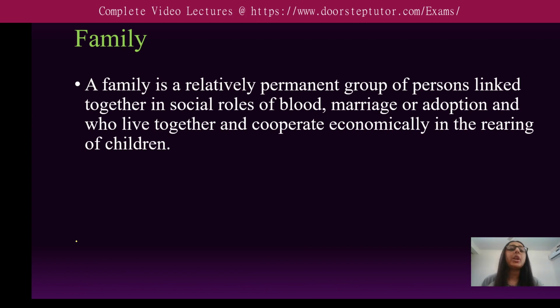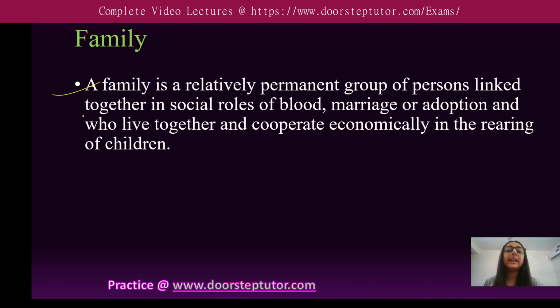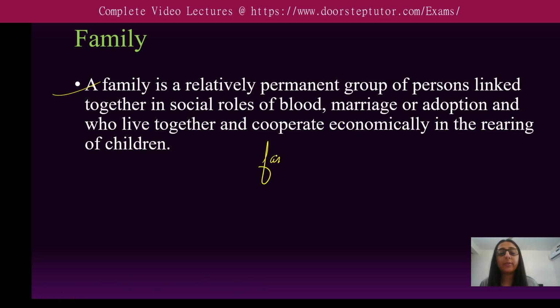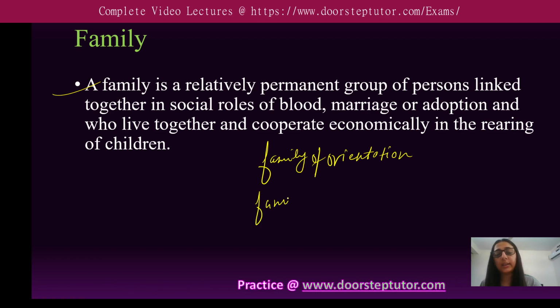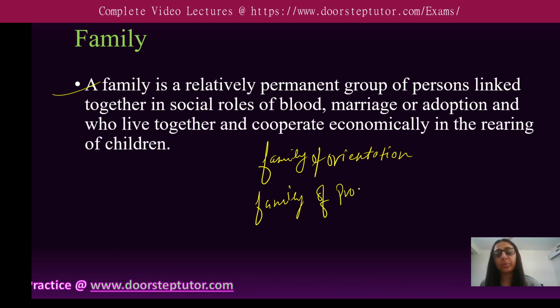As we know, family is a relatively permanent group of people, and obviously they are linked together. But how are they linked together? Either through blood or by marriage. So it means, as we have already done, the family of orientation and the family of procreation.